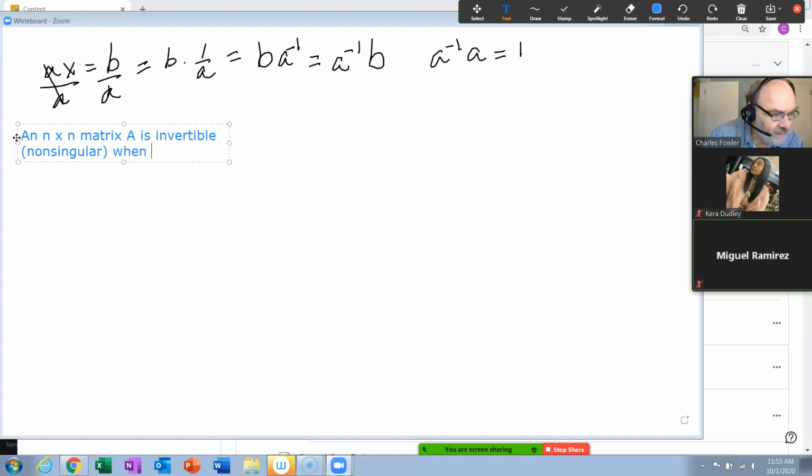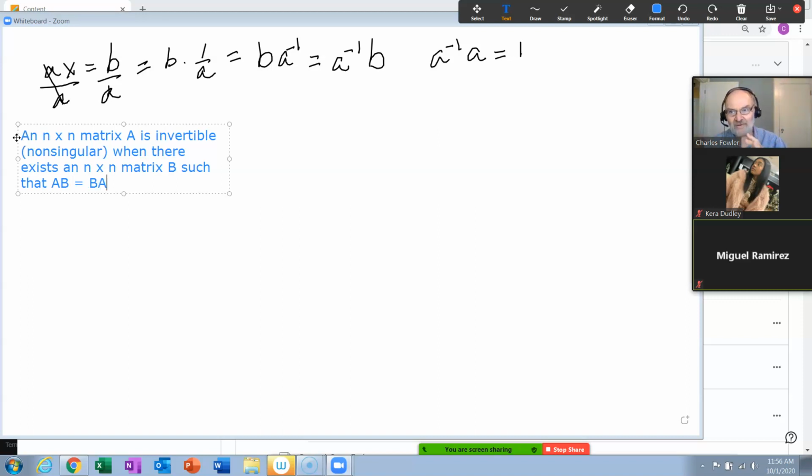When there exists another n by n matrix B such that AB, the product of AB, is equal to BA.